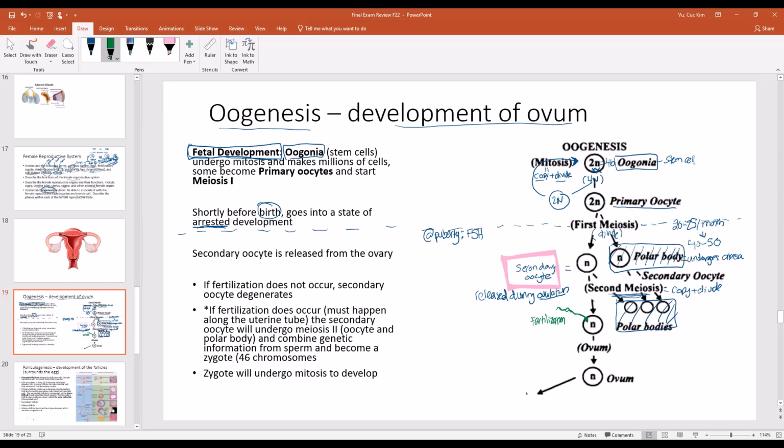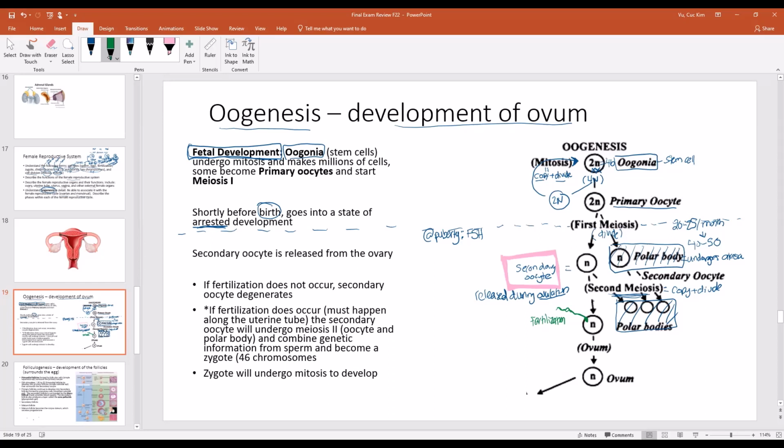It's just showing what would happen, which is important because that's what is supposed to happen. So meiosis is supposed to copy. The polar body, if it weren't a polar body, would copy itself. But because this is the female reproductive system, it does not copy itself. Okay. Because it requires fertilization.